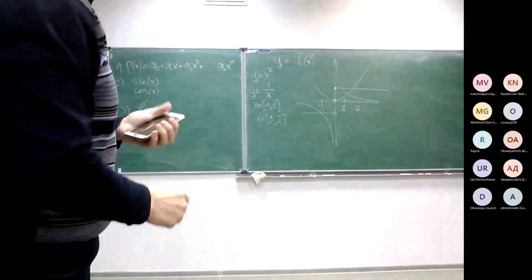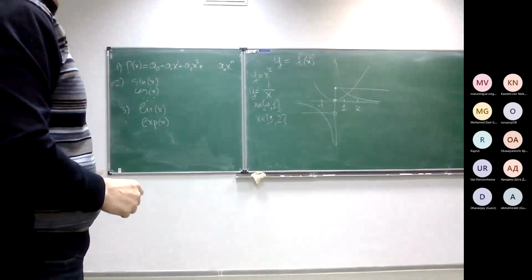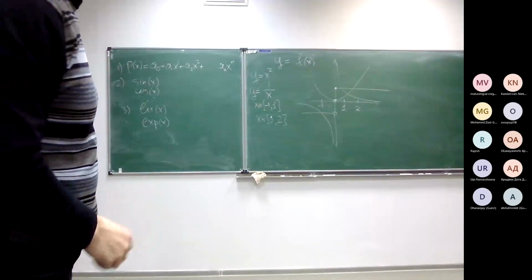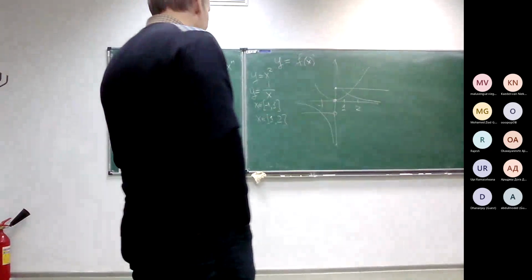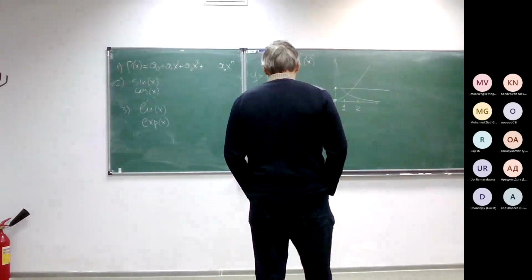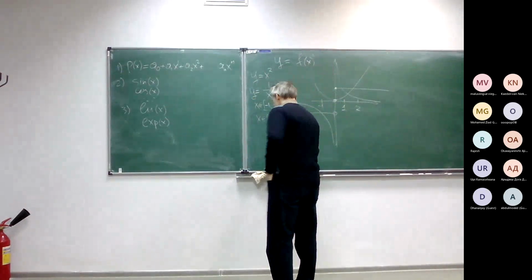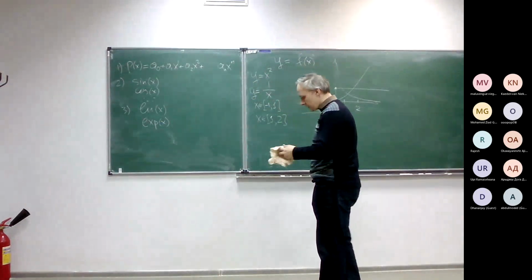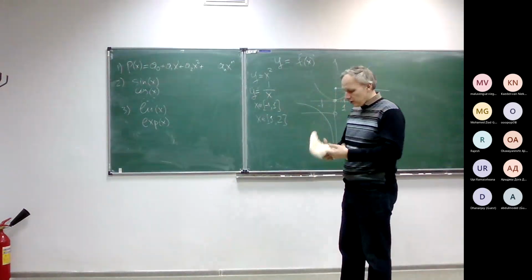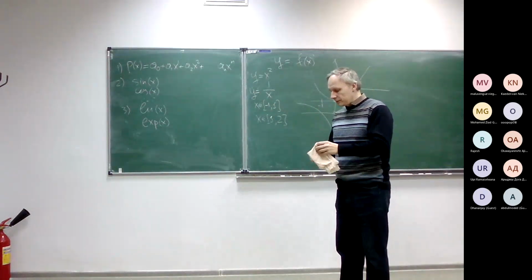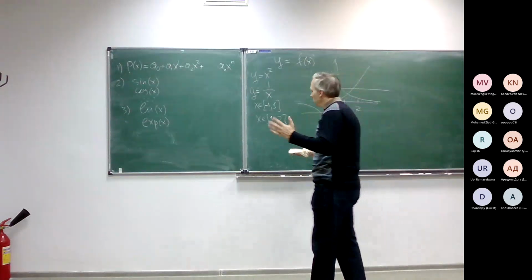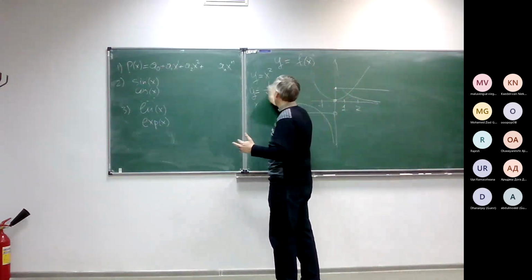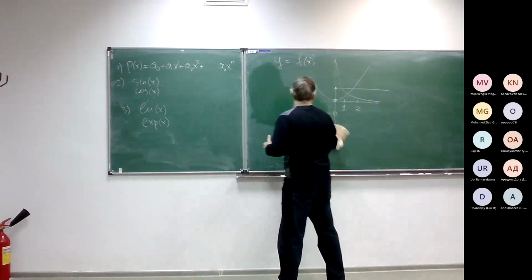And what is a derivative? What is a derivative of a function? It's a very, very important question, and this question is also related to limits. Of course, if you don't remember the strict definition, I remember it.